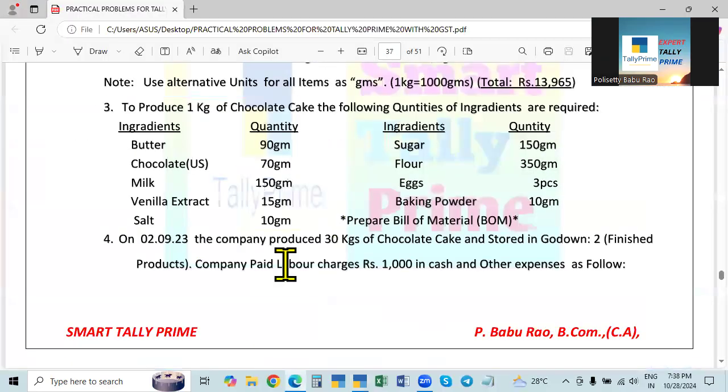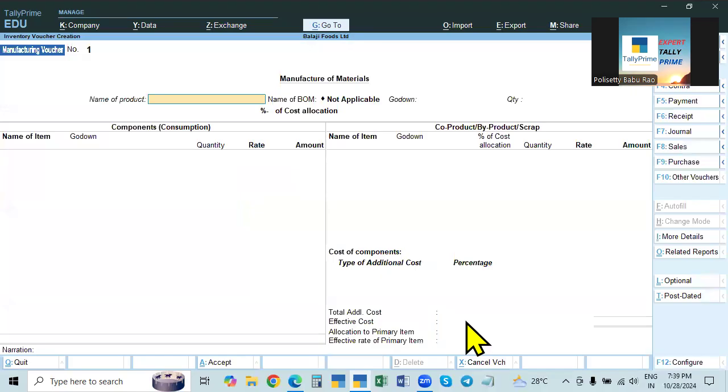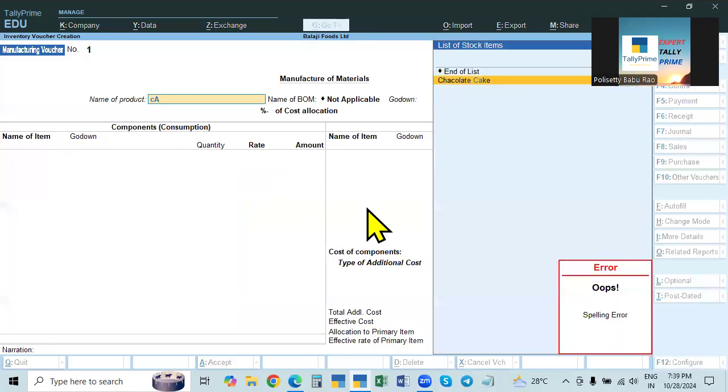The company manufactured 30 kgs of chocolate cake on 2nd April, so we will take 2nd April. And what is the product we manufactured? Chocolate cake. If you take this product, meaning the finished good, it will come automatically. For this finished good, we created a bill of material and gave the name also, so the name will come automatically.